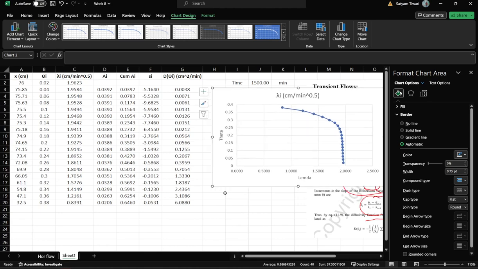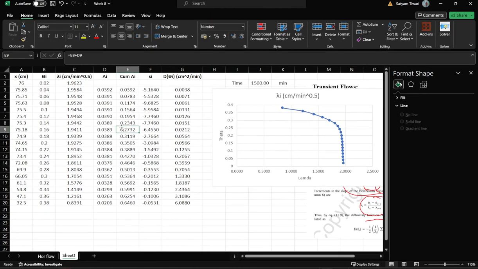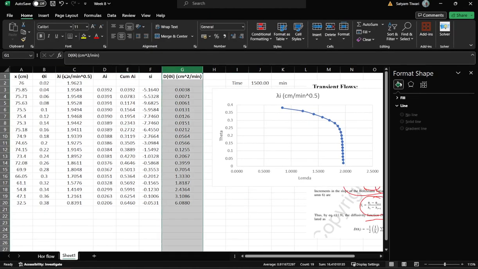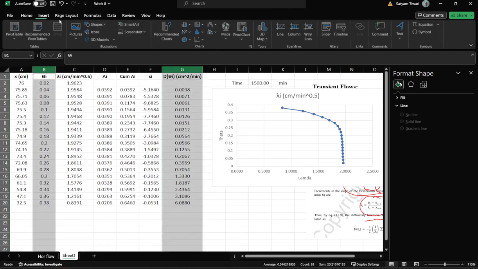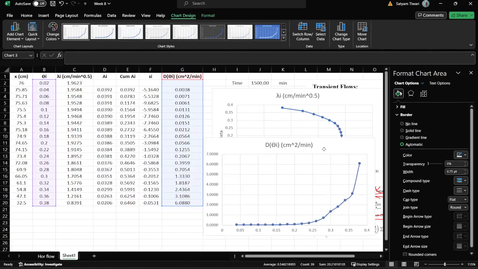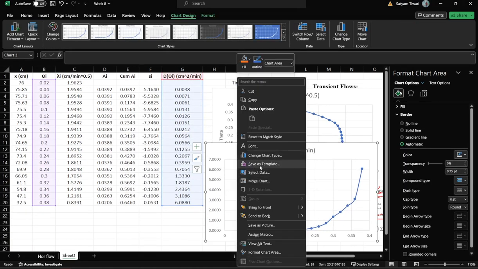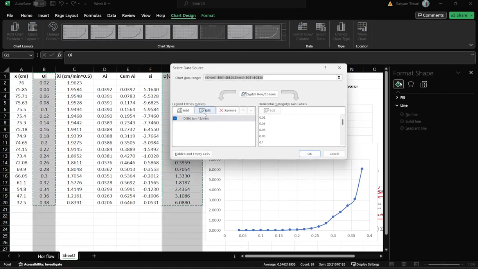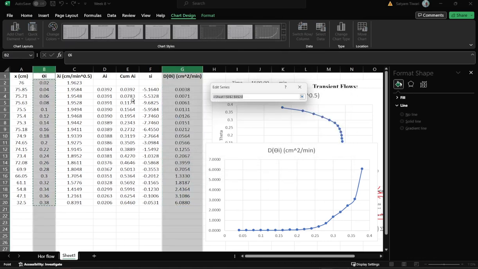So now if we make another plot, that's going to be the diffusivity versus the theta value. So we'll select these two and we'll insert a plot. And this plot will look something like this. And we can select the data again. So we'll put edit. The x value is going to be theta I, and the y value is going to be diffusivity.